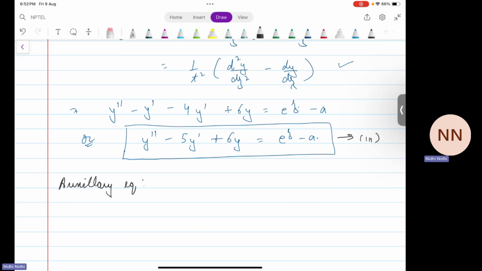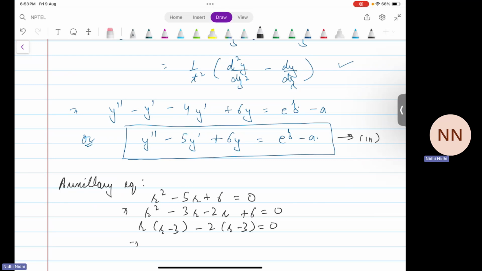The auxiliary equation would be r² − 5r + 6 = 0. This gives us r² − 3r − 2r + 6 = 0, (r − 3)(r − 2) = 0. So our roots are 2 and 3.